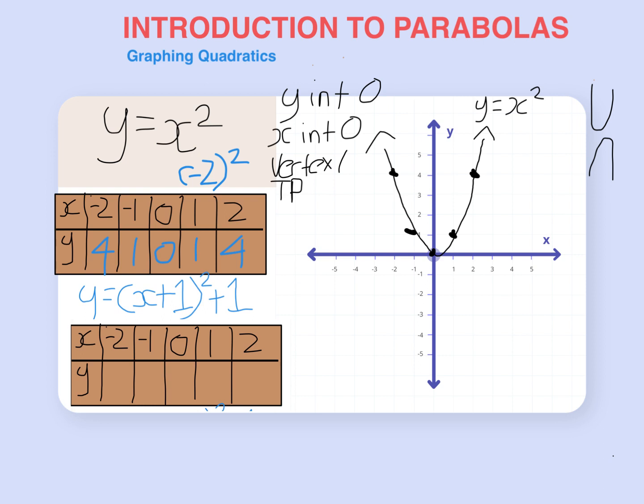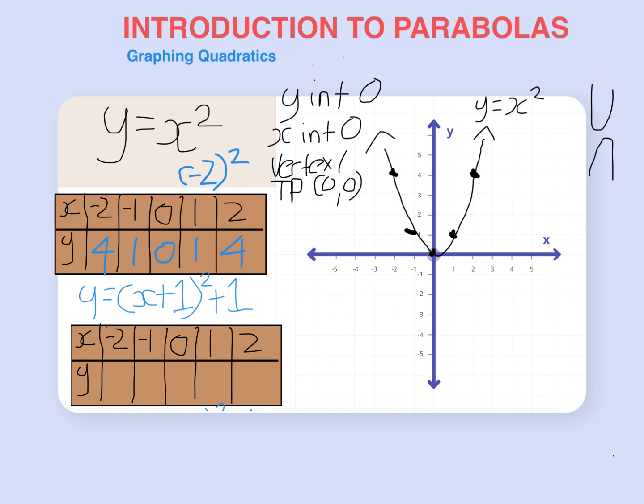So for this parabola we've just graphed, that's this point here. The parabola sort of goes down, it stops and turns around. That's why we call it a turning point. So the coordinates of this turning point here are (0, 0). So it's just a coincidence. It won't always be the case that the turning point is the same as the x-intercept and y-intercept.